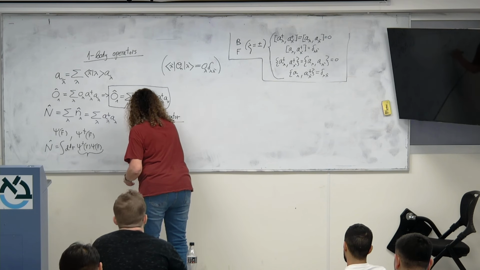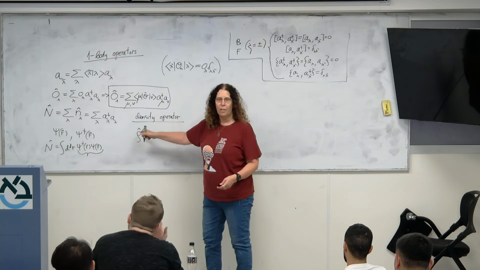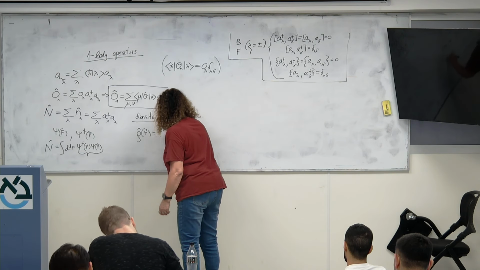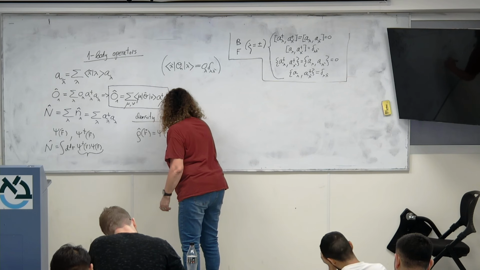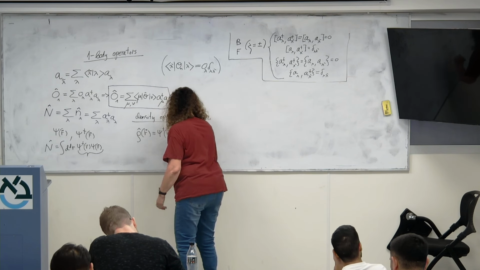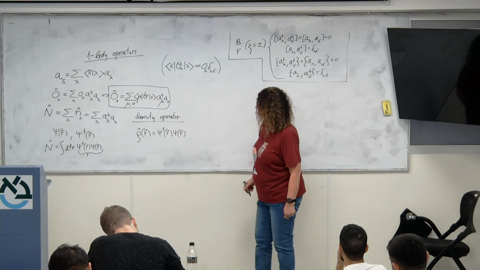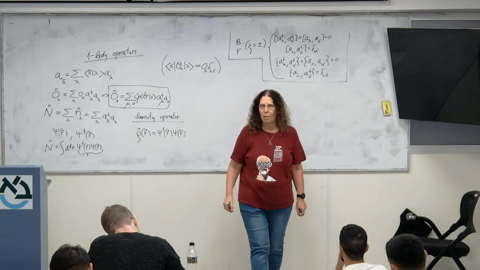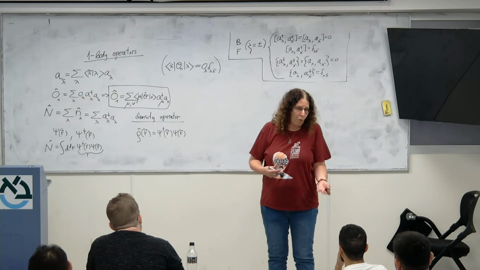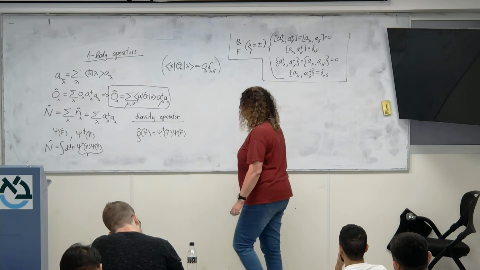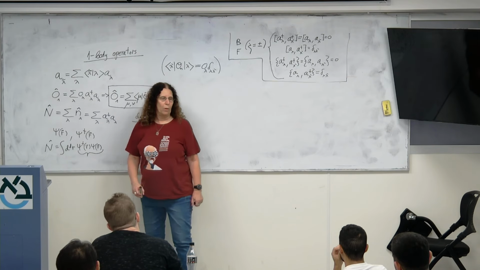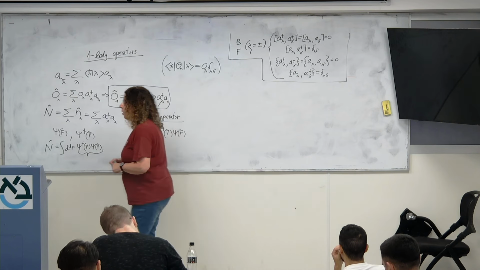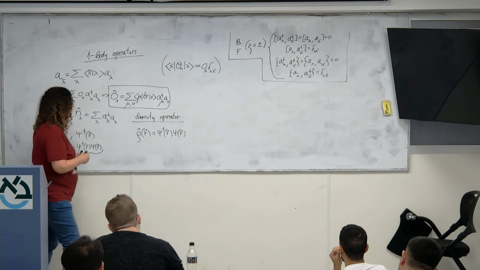Let us denote it by rho with a hat to represent that it's an operator, and it's given by this, okay? And once again, it's not a pure number, it has units. What are the units of density? It's one over volume, right? Because when you integrate it over the volume, you get a number. So this is a density operator.